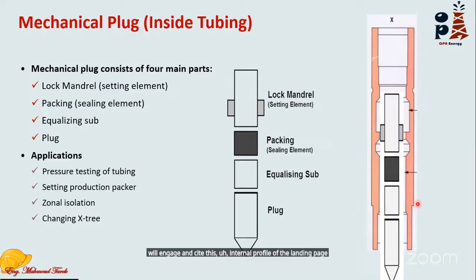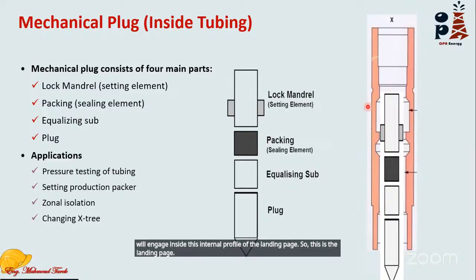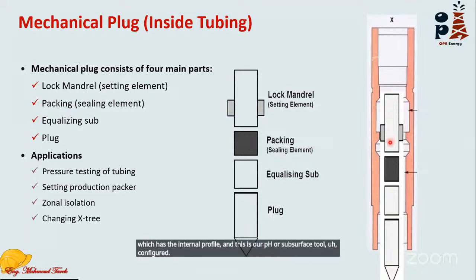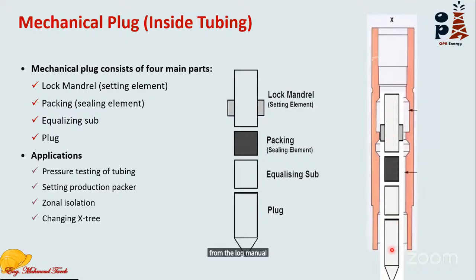So this is the landing nipple, which has the internal profile, and this is our subsurface tool configured from the lock mandrel and the backing, and down it is the plug itself. By engaging this lock mandrel to the nipple, I will isolate my tubing.